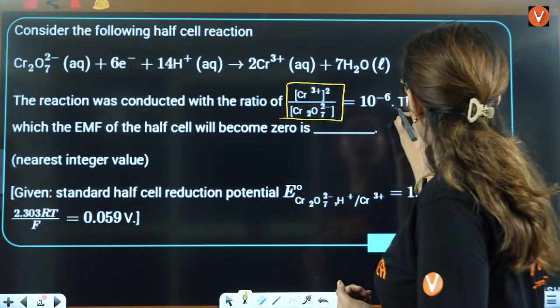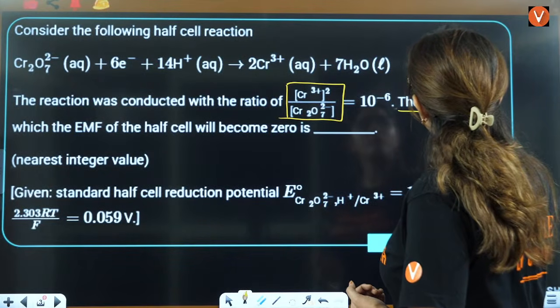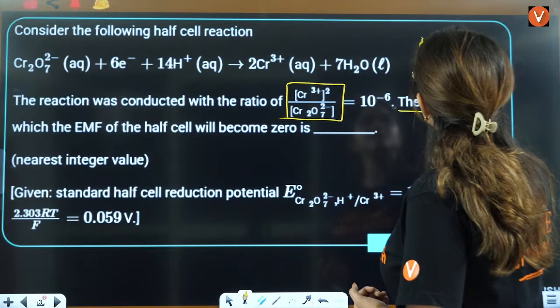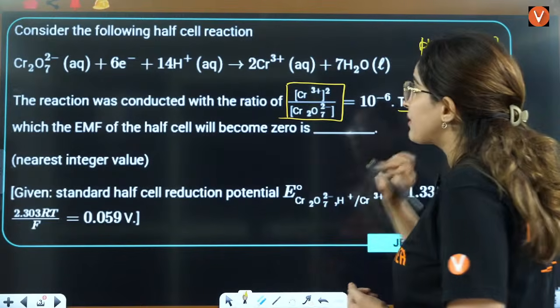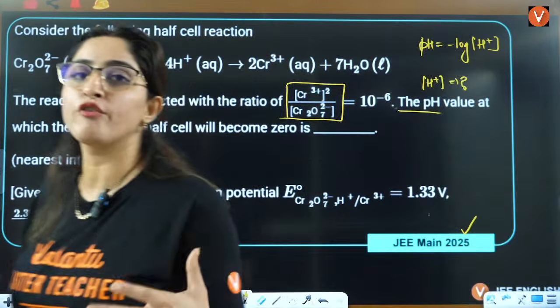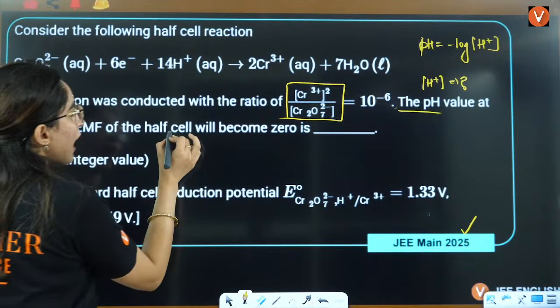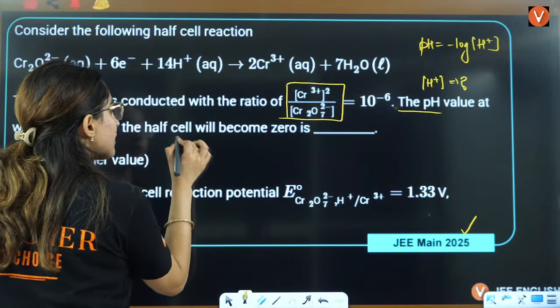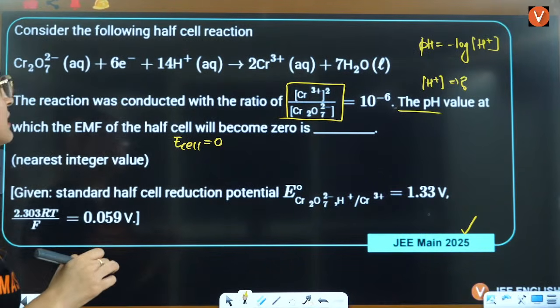They are asking for the H positive concentration. pH is nothing but minus log of H positive. That means you should be able to calculate the H positive concentration. And they are saying the EMF of the half cell will become 0. That means E cell will be equal to 0 here, right?